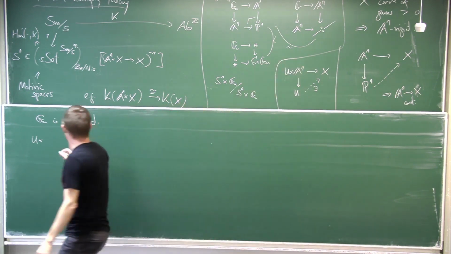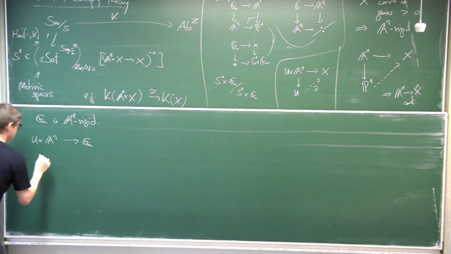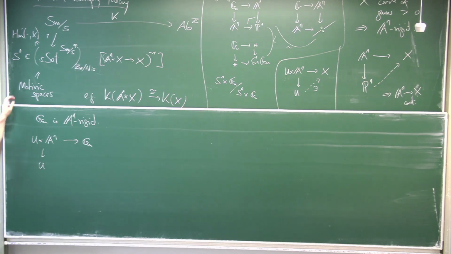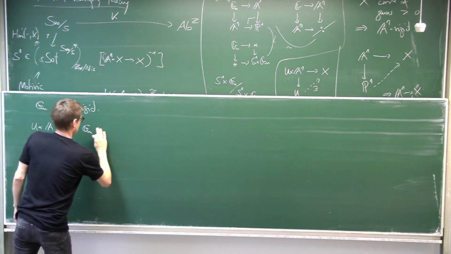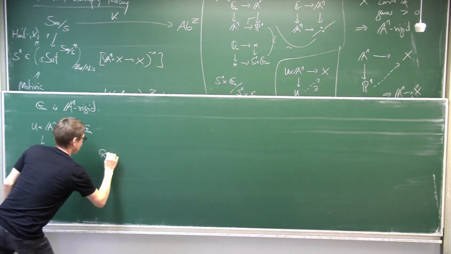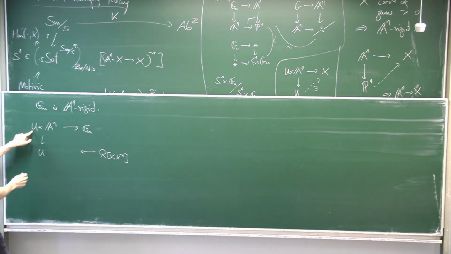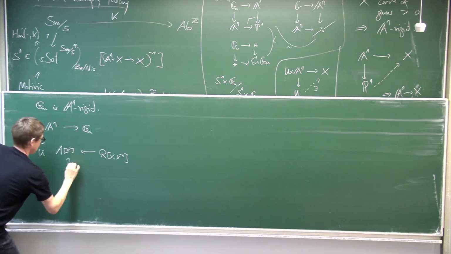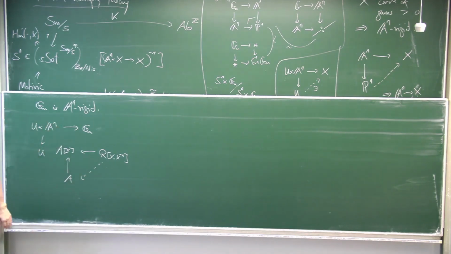So let's look at such a diagram here, the multiplicative group scheme. Now this is a diagram of affine schemes, so it corresponds to maps. Let's just do this from here to Spec of some A, right? So this is A[X]. This is the inclusion of A, and we want this to factorize.